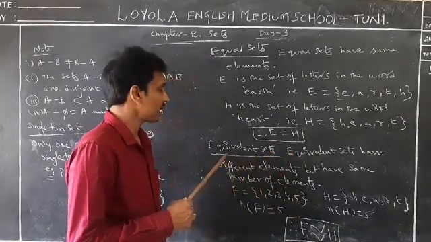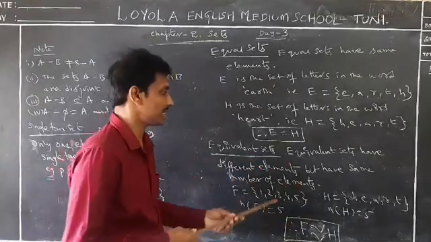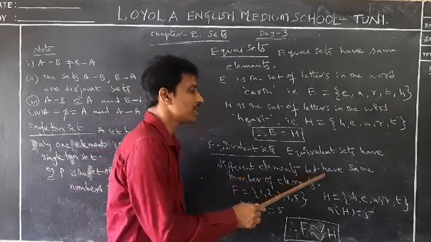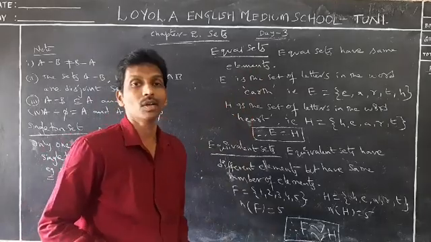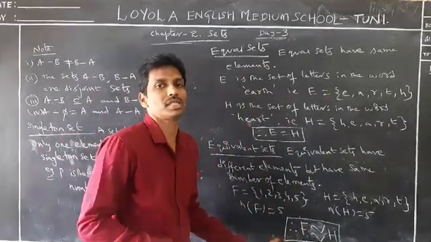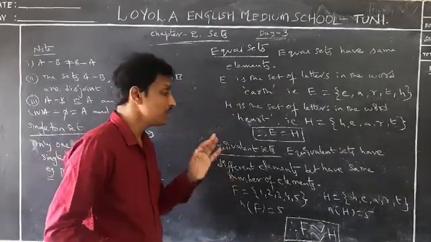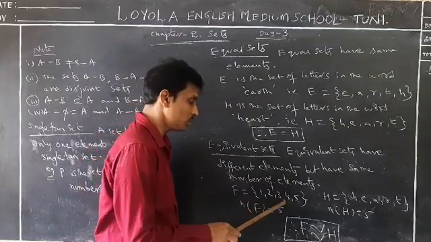And next, equivalent sets. The last definition is equivalent sets. Equivalent sets have different elements but the same number of elements. Not like equal sets, which must have the same elements in both sets. Here is an example. F is equal to the set of all 1, 2, 3, 4, 5.